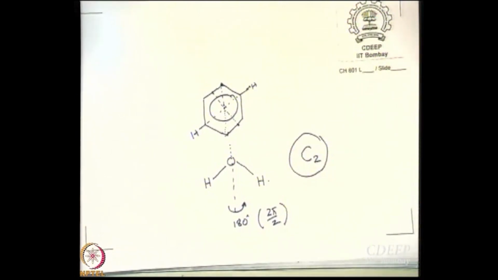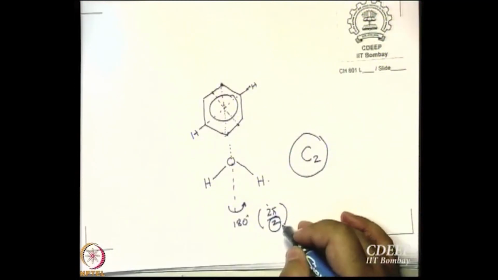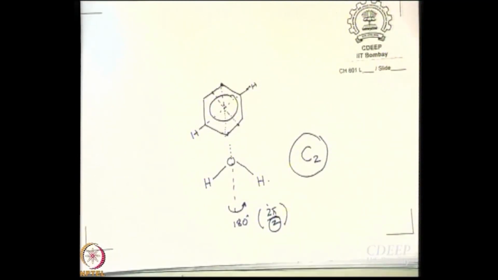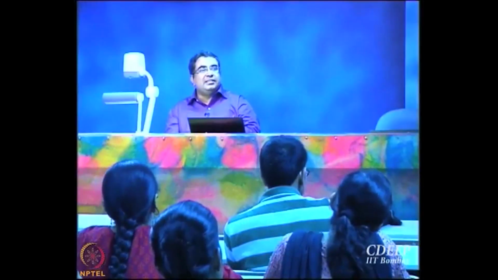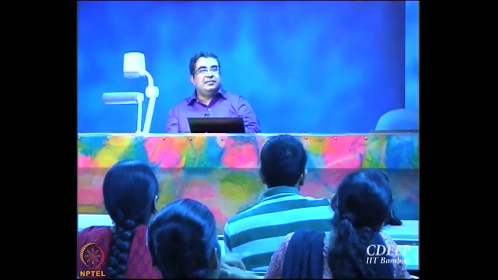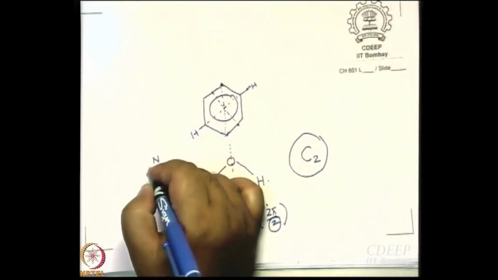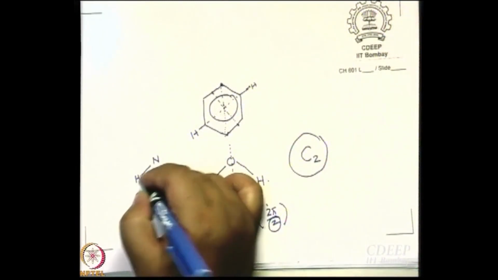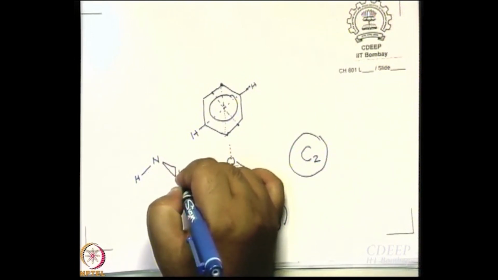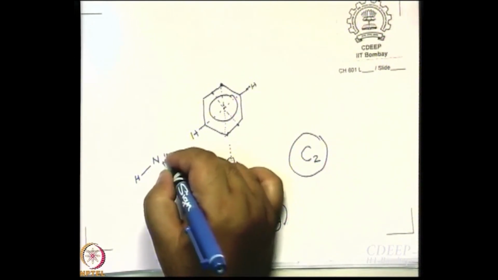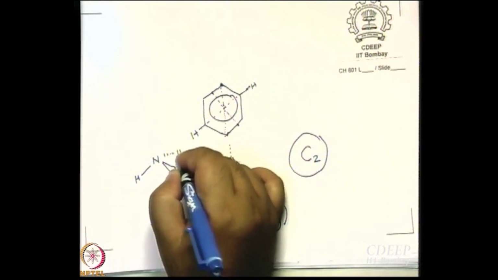Where did the 2 come from? So this is from this 2, right? Not this 2, the 2 in the bottom. So if I rotate it by 2 pi by 3, it will be called a C3 axis. Okay. Can you think of a molecule which has a C3 axis? Ammonia. Draw it like this, one bond coming out of the plane, one bond going behind the plane.